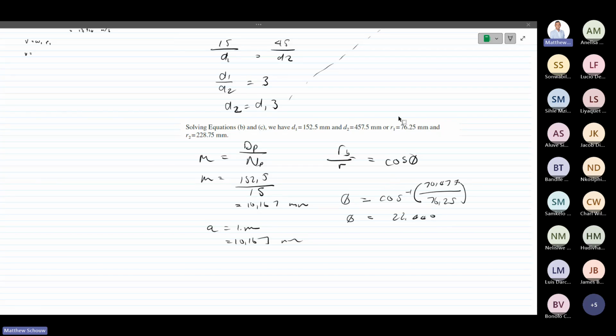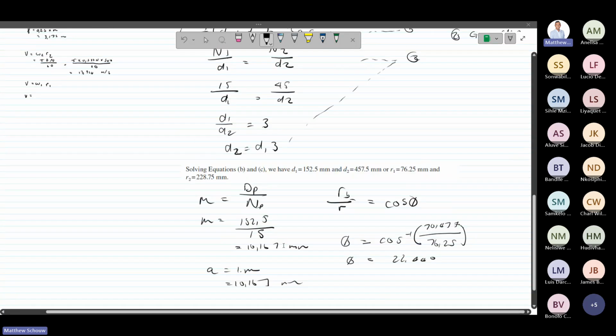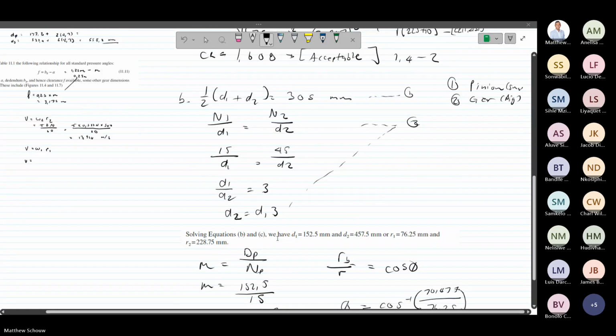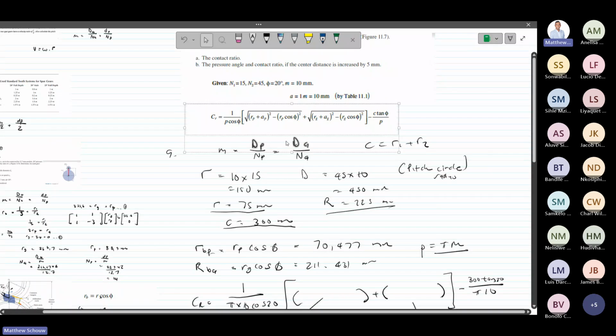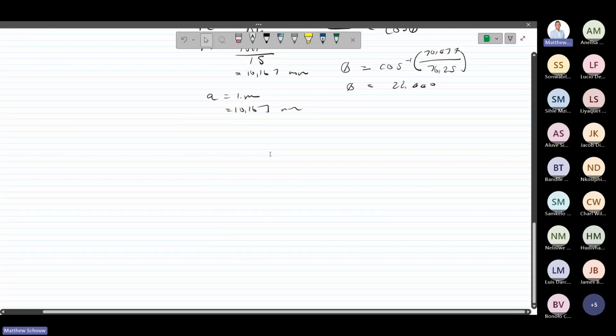Once that is done, you now have to recalculate the contact ratio, because we've got a new module. I'll just copy this formula here and paste it over here.